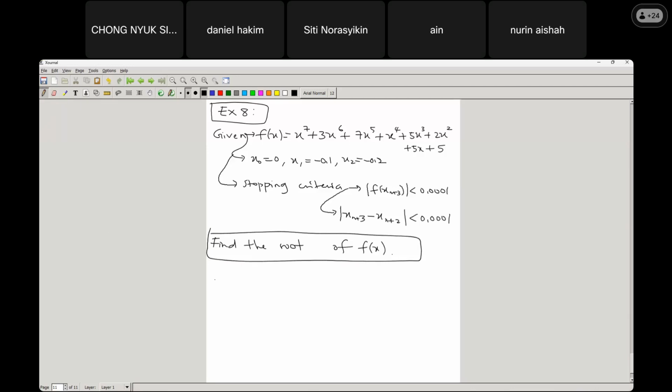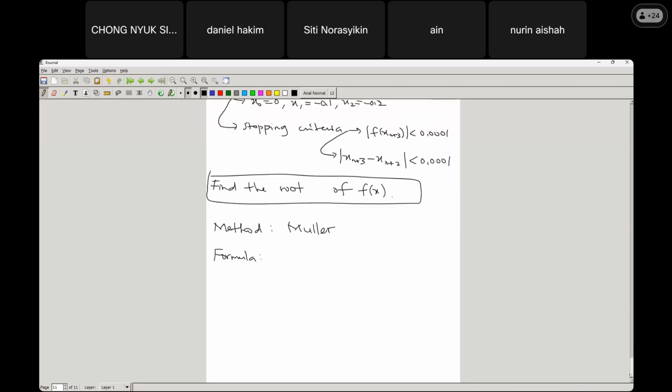Okay, now formula. Okay, so you can write the solution. Let me write down the solution. So first of all, which method do you need to use? So we know that we are going to use Mueller's. Okay, now what is the formula? For Mueller's formula, we have first x_{n+3} equal to x_{n+2}.